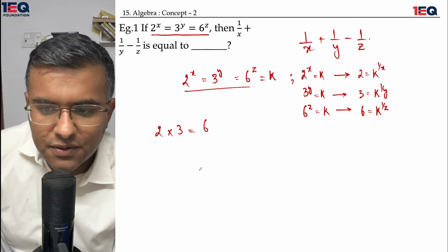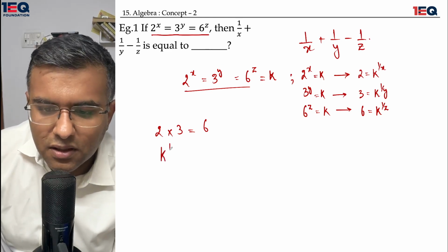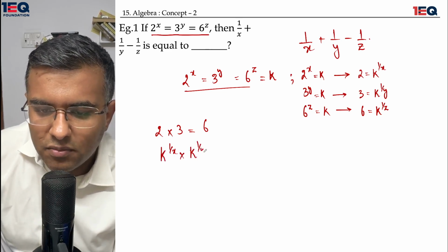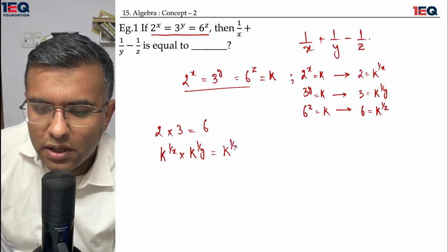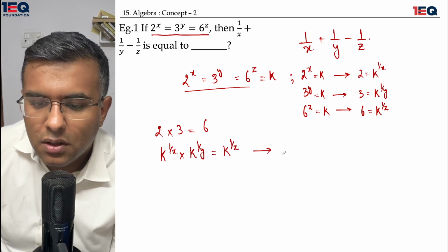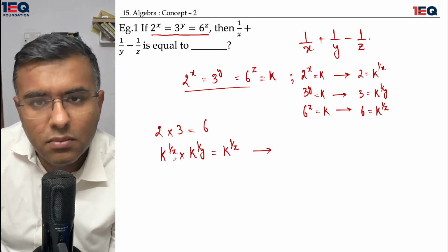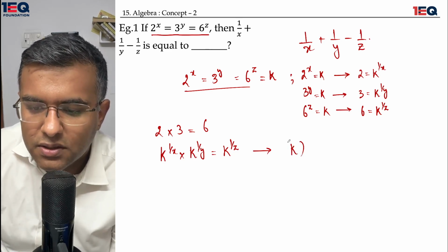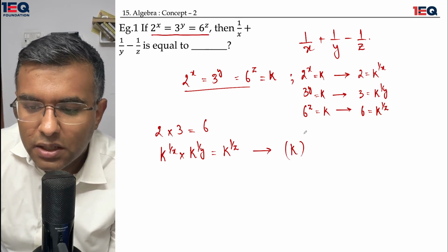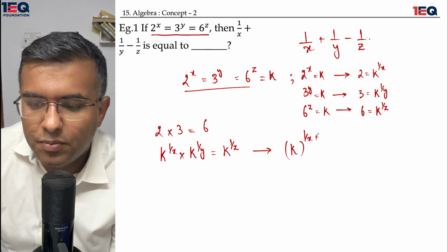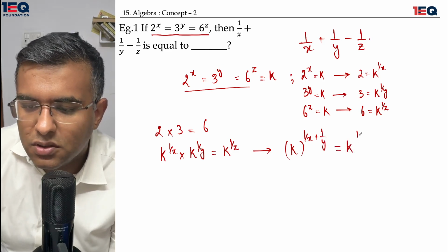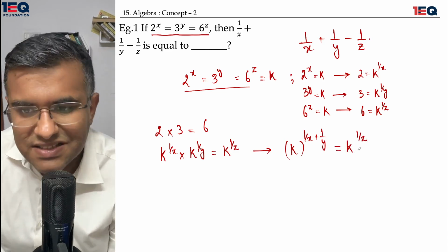I'll pick up these values from here and say that k raised to the power 1 by x multiplied by k raised to the power 1 by y is equal to k raised to the power 1 by z. As we have common bases, when both of them are being multiplied, k raised to the power 1 by x plus 1 by y is equal to k raised to the power 1 by z.